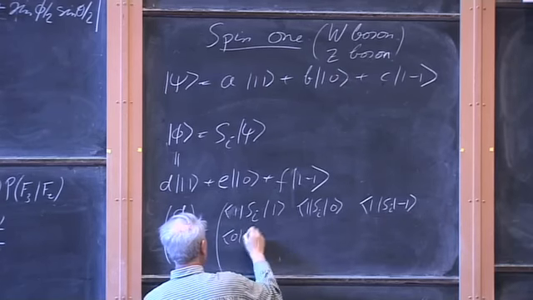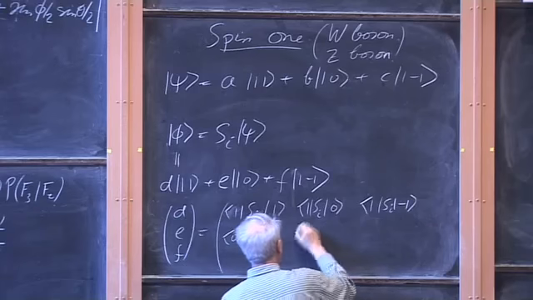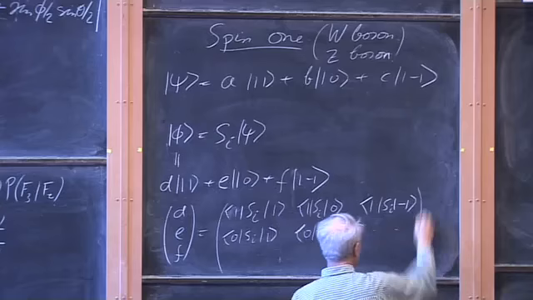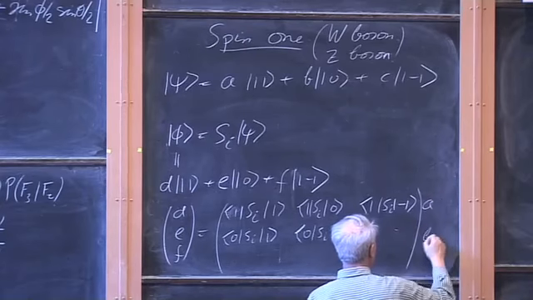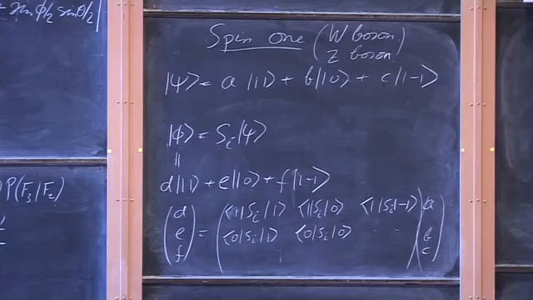And here we will have <0|S|1>, <0|S|0>. So we have a 3 by 3 matrix operating on A, B, C. This is how we will concretely do our computations.